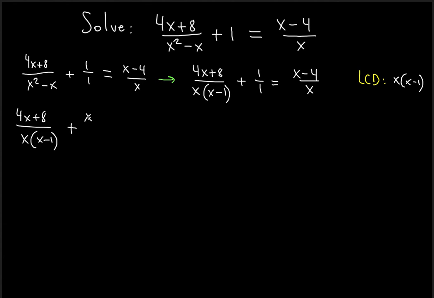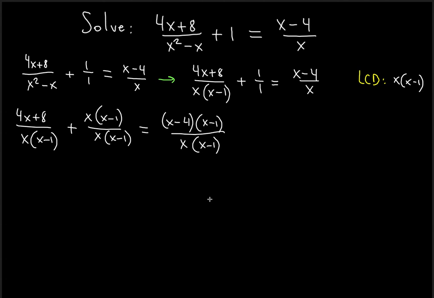Plus x times x minus 1 over x times x minus 1 is equal to x minus 4 times, and no longer x times x minus 1, but just x minus 1, because there's already an x there as part of the LCD. So just x minus 1 is missing in the top and the bottom.